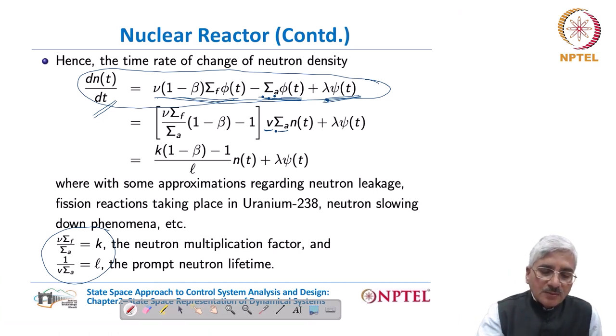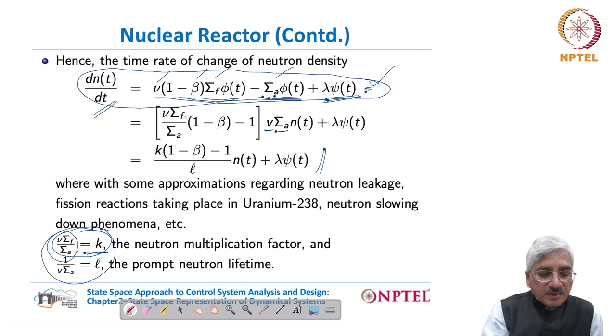So this equation as such would have been good, but it has so many parameters: sigma F, nu, beta, sigma A, etc. So by introducing these two variables, of course with some assumption, some terms are missing here. We simplify this right hand side to this.